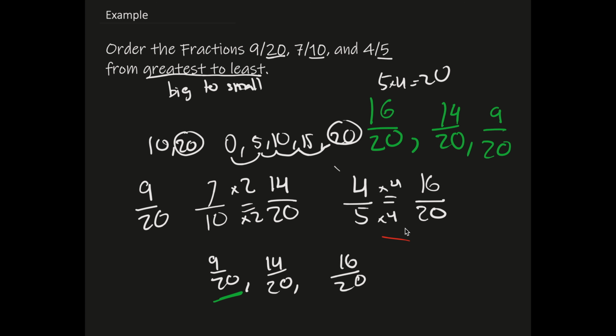So right there, we have 4/5. Next we have 14/20. Oh, I see that here. So we did change it. So what is its original form? We have to revert it. That's 7/10. So 4/5, 7/10, and of course 9/20 stays the same.